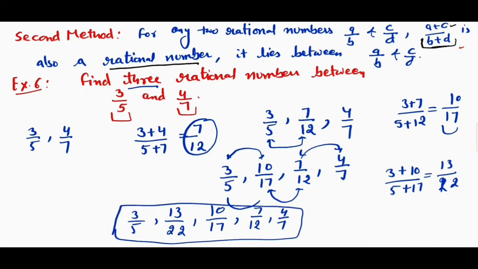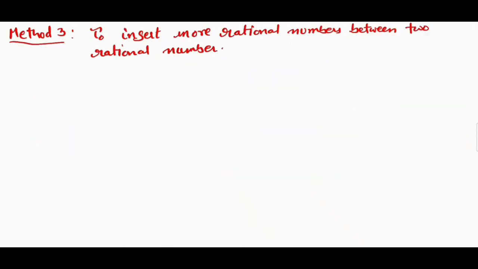So from here we can see that there are infinite rational numbers between two rational numbers, and we can find them with the next method. The third method here we use to insert more rational numbers, meaning more than 3.